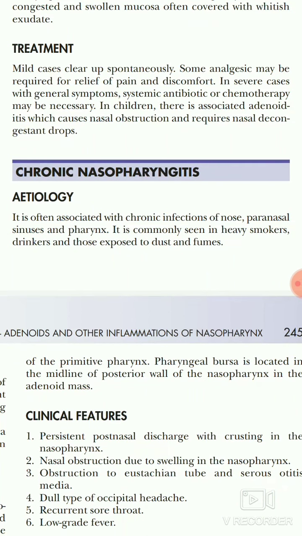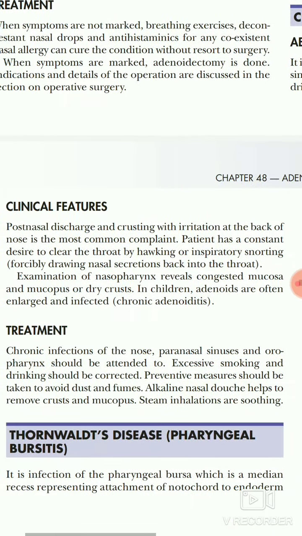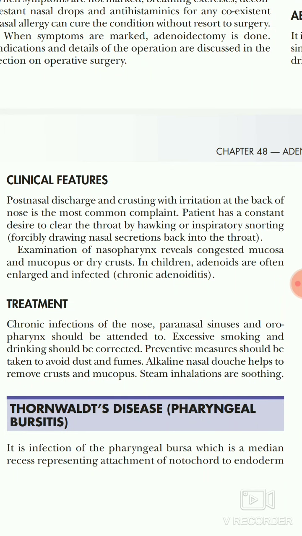Chronic nasopharyngitis. Etiology. It is often associated with chronic infections of nose, paranasal sinuses, and pharynx. It is commonly seen in heavy smokers, drinkers, and those exposed to dust and fumes. Clinical features. Postnasal discharge and crusting with irritation at the back of the nose is the most common complaint.